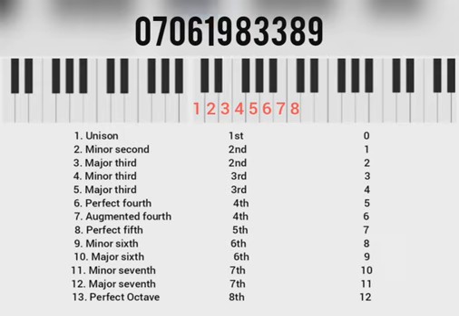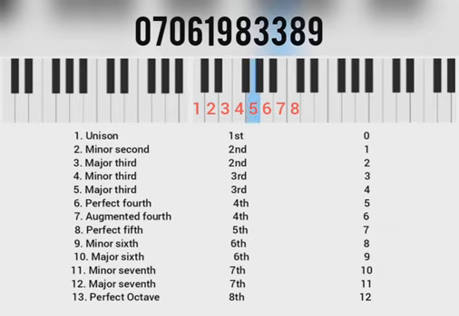Take a look at this. If this is a 4th, the rule changes a little bit. This is a 4th. This will be called augmented 4th, or diminished 5th. So it has two names: augmented 4th or diminished 5th. Augment means to raise, diminish means to lower.